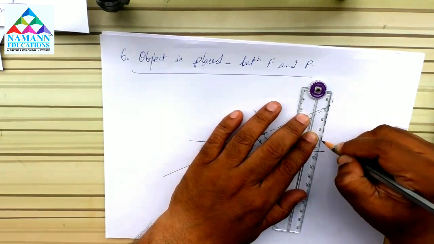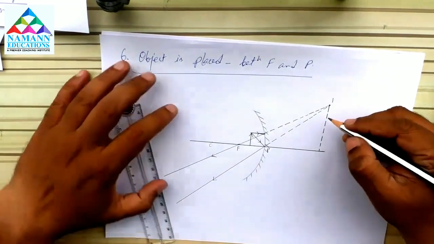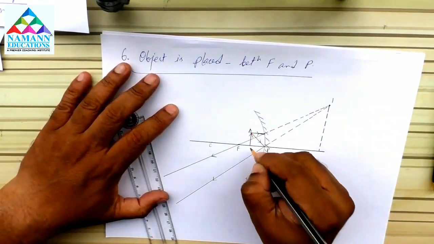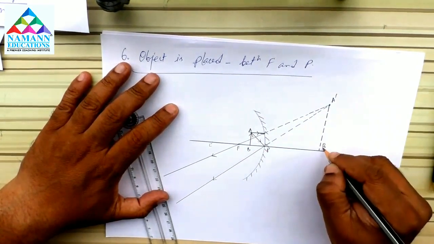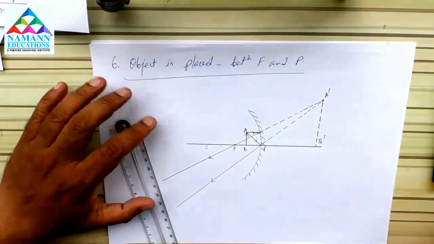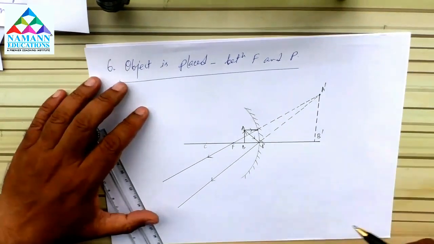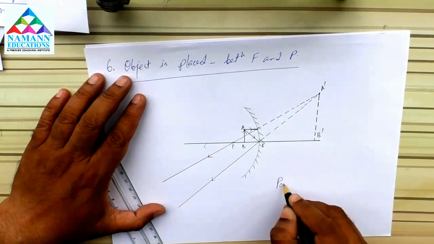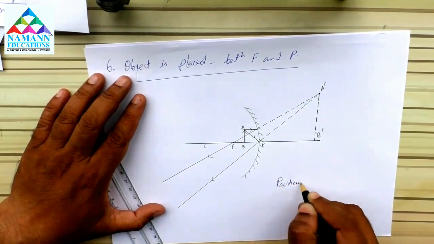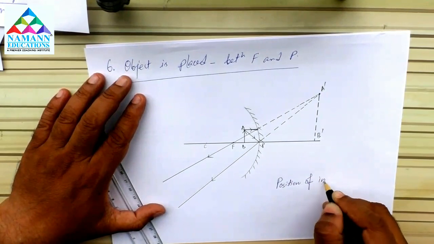So if AB is the object, A dash B dash is the image. With this diagram, you can see clearly that image is highly magnified. So if I ask you what is the position of image, we know the position of image is behind the mirror.